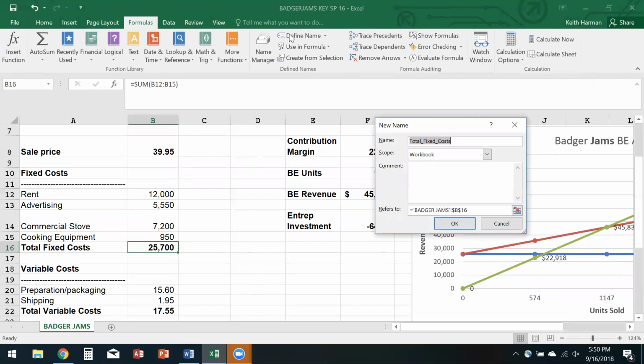Right now we're at cell B16, and notice that we've got Badger Jams there, and it says equal, and then it puts in a single quote, Badger Jams, and then an exclamation mark. Okay, which means that that's within the Badger Jams worksheet, as you can see here. And so we've got B16, right? So we've got the total fixed costs.